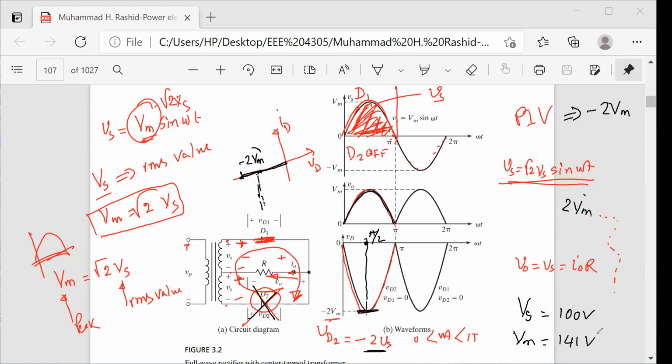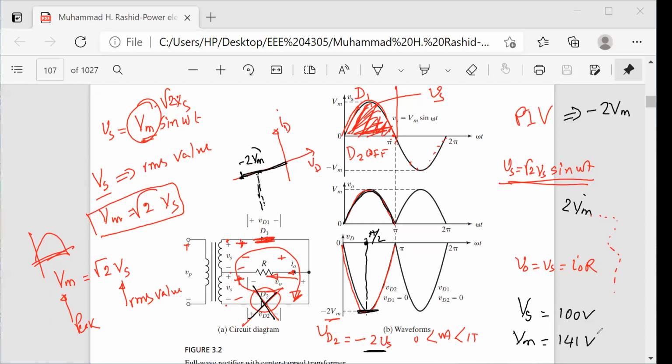Then what will be the peak inverse voltage of your diode? 2 into 141, which is 282 volts. Then ask them to give you a diode whose PIV must be greater than 282, maybe 400 volts. If you buy a diode whose PIV is less than 282, your rectifier will not work.